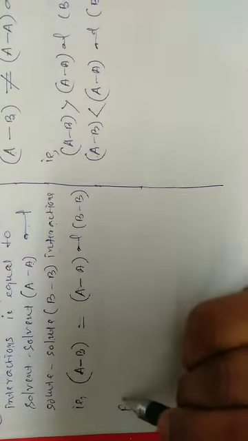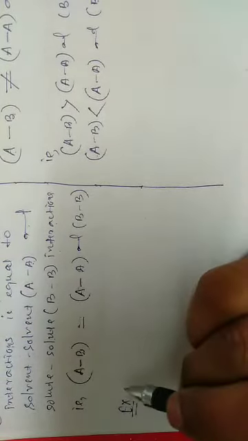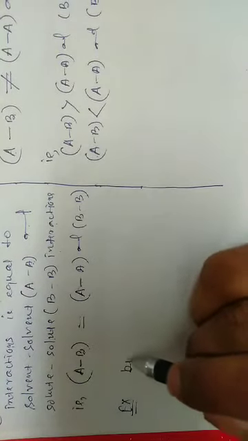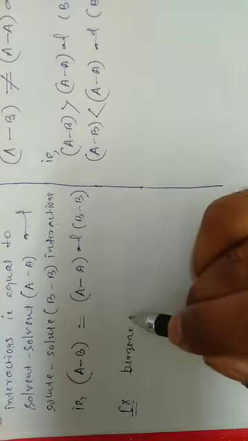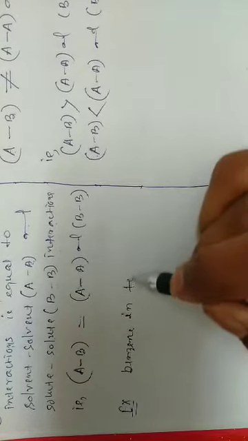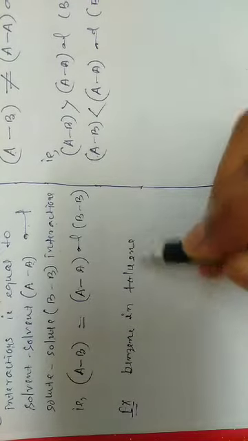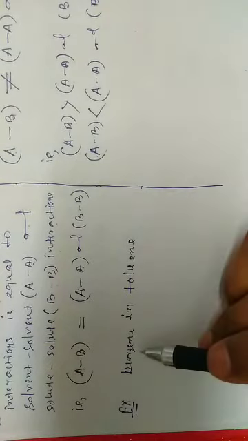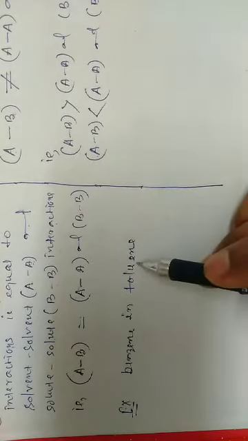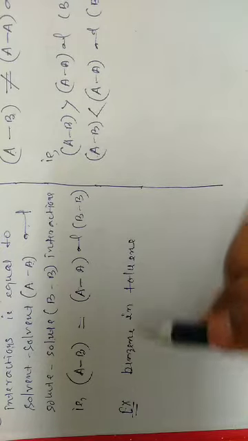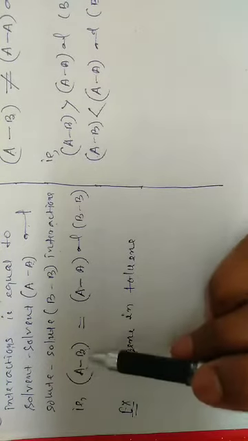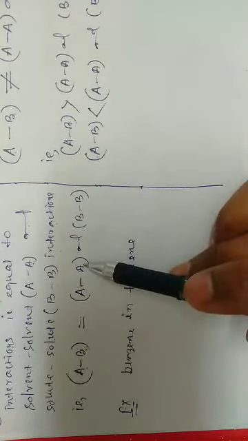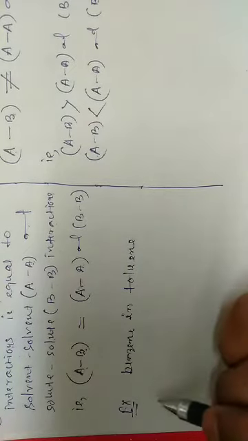Now an example of an ideal solution is benzene dissolved in toluene, which are two organic compounds found in liquid state. When benzene dissolves in toluene, we have an ideal solution because in this solution solvent-solute interaction is equal to solvent-solvent and solute-solute interaction.